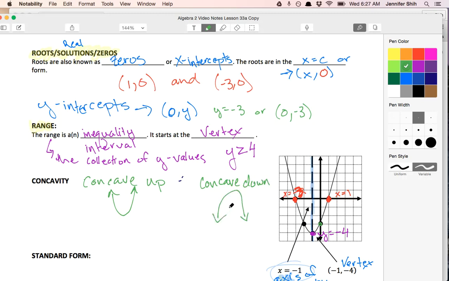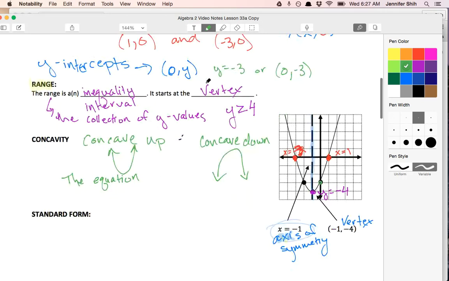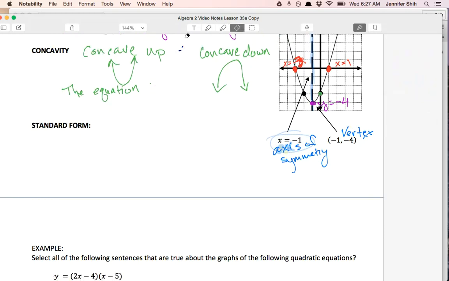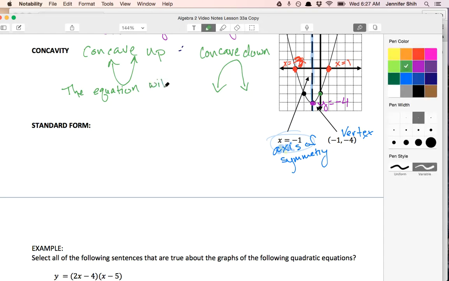So concavity, the equation of the graph, because each graph comes with an equation that we've seen before, will have a positive leading number.